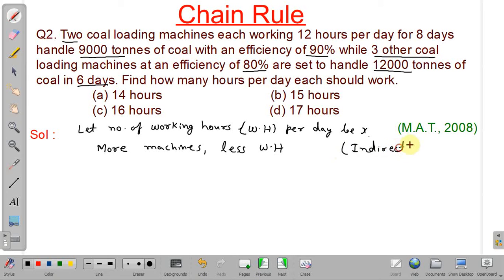Next one is less days, more working hours. Less the number of days. In first case it is 8 days, second case only 6 days. So less days, more working hours. So it is also indirect proportion.